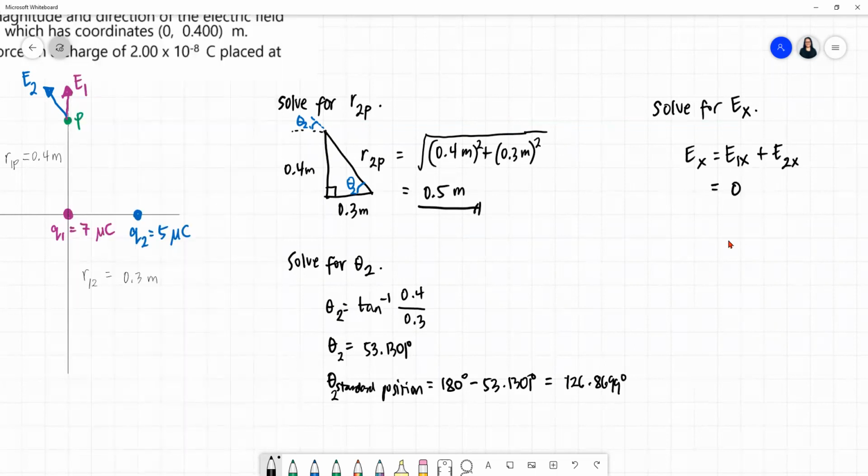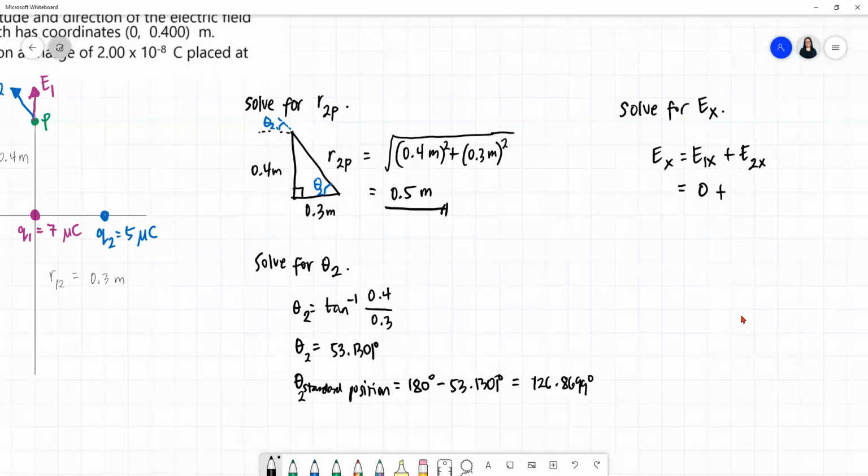Then the second electric field along the x-axis is the magnitude of electric field at point P caused by Q2 times cosine of theta sub 2. It's going to be 0 plus K times Q2, take note, just the magnitude of Q2, over R squared times cosine theta.